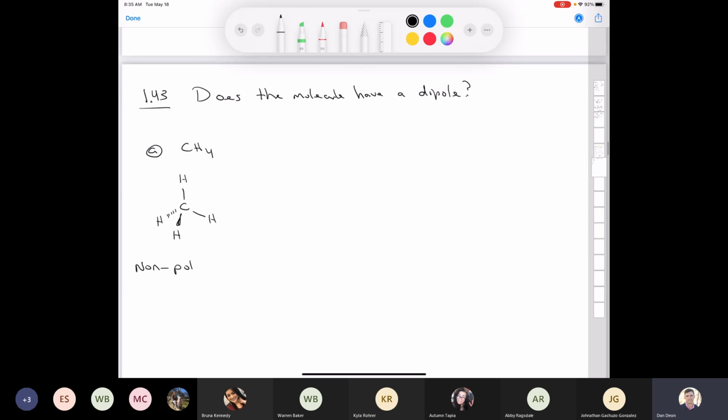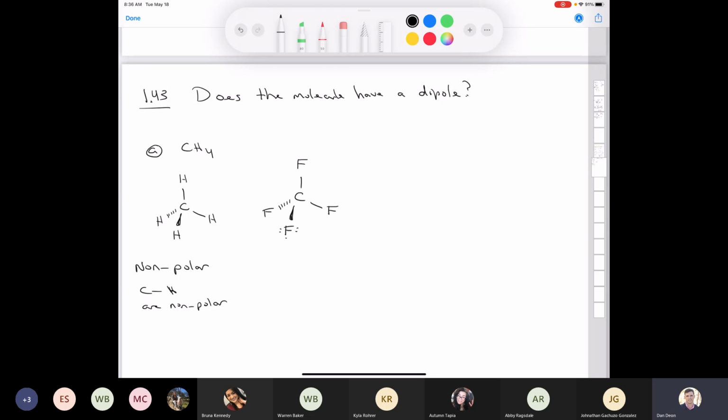Now, the reason why is because carbon-hydrogen bonds are non-polar. All right, so nothing more than that, really. But even if they were polar bonds, they would all cancel out. Let me show you an example. If you had, let's say, carbon tetrafluoride, right? Then you'd have really polar bonds in your molecule, wouldn't you? Very polar bonds.